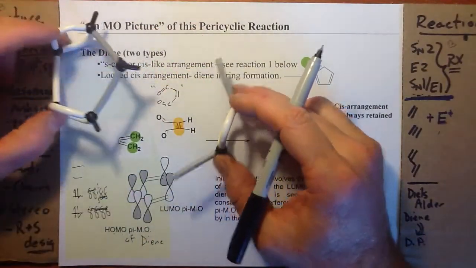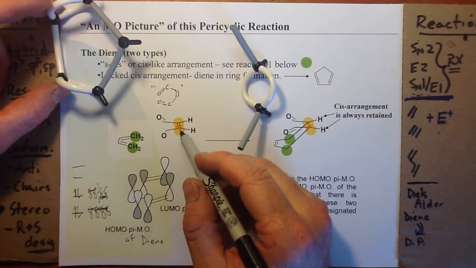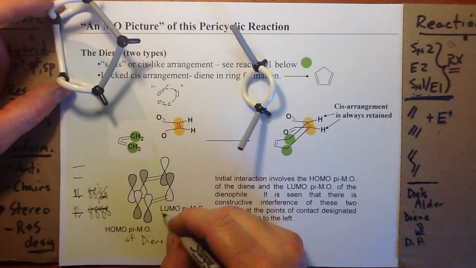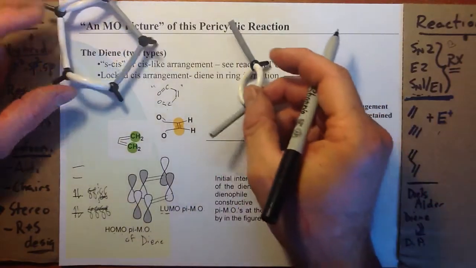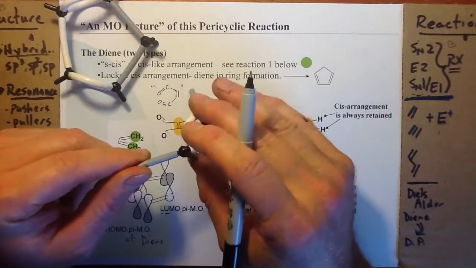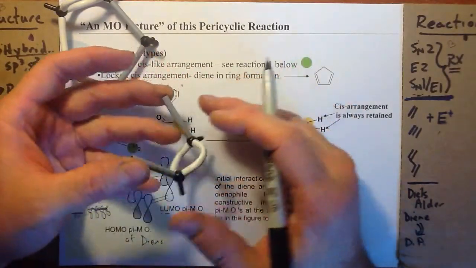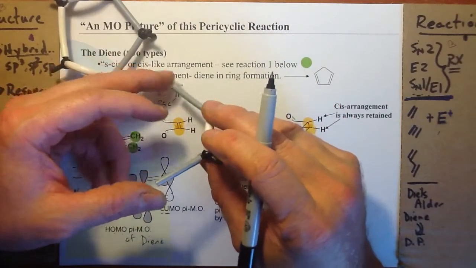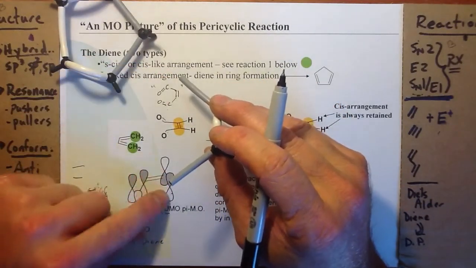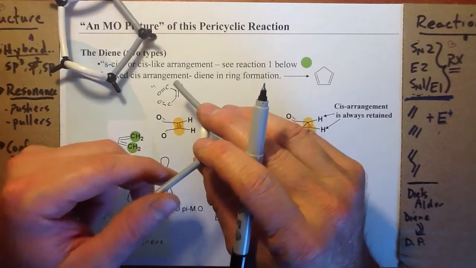They like to withdraw a lot of electron density from the alkene, and we want that because what we want to attack is the lowest unoccupied molecular orbital of the alkene. So here's our alkene. We know we have a pi bond, but we're going to pull some of that pi electron density out towards my fingers, towards the carbonyls, so that we can attack the lowest unoccupied, the antibonding MO, pi MO of the alkene.